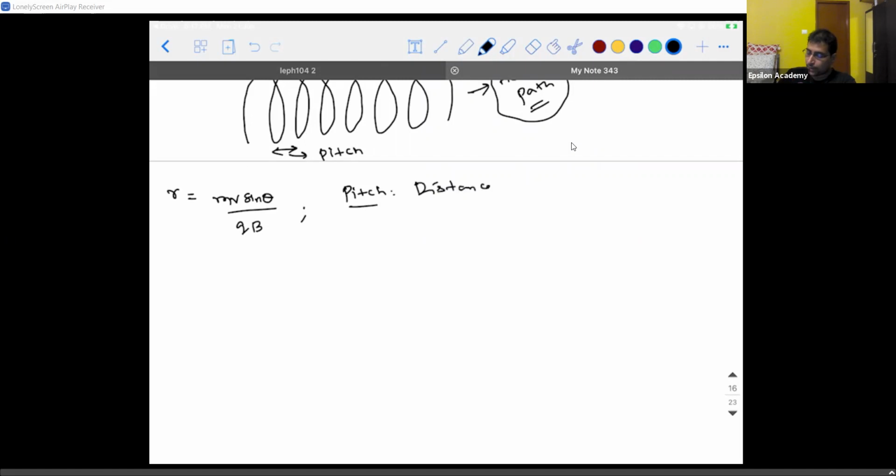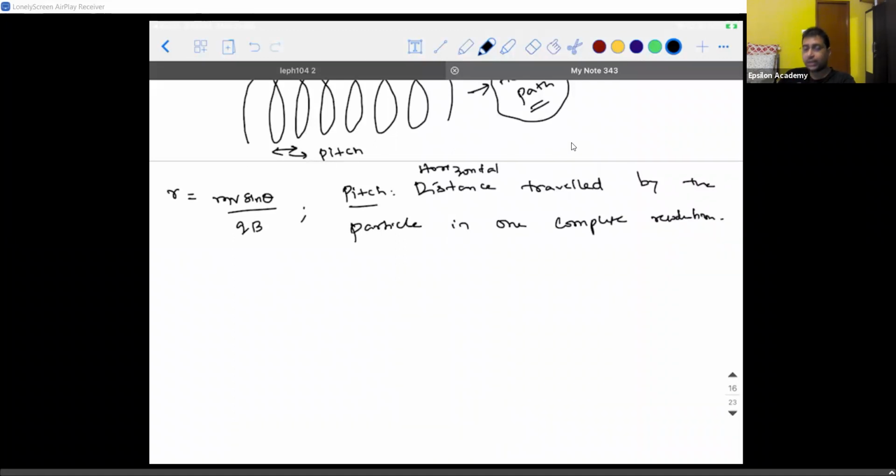So pitch is defined like this: the horizontal distance traveled by the particle in one complete revolution is what we call pitch.